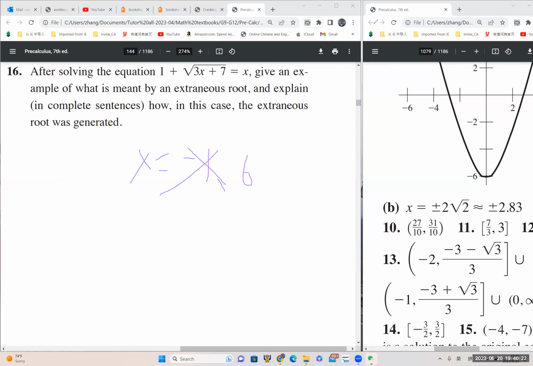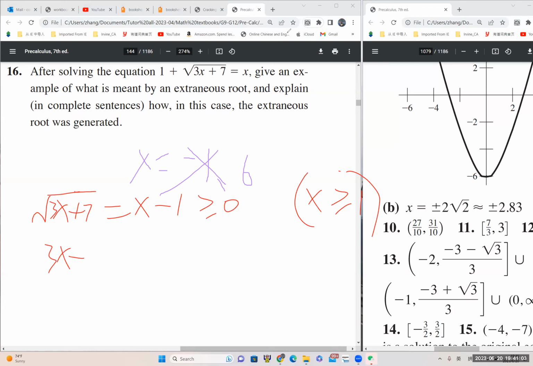Okay, before we go to the answer, let's do it ourselves. First we can write the square root equal to x minus 1. Then we know we have to let this be greater than or equal to 0, otherwise it's undefined. That means x should be greater than or equal to 1. This is the constraint, which must be satisfied. If this is satisfied, we can square both sides.